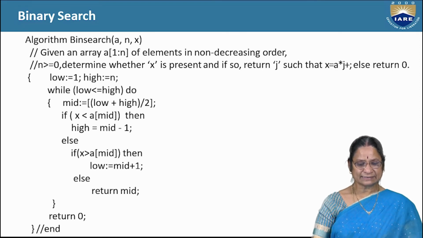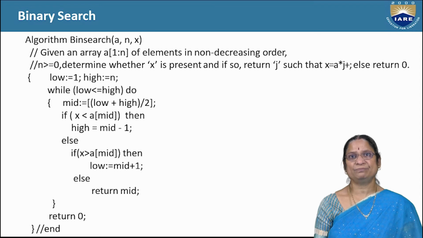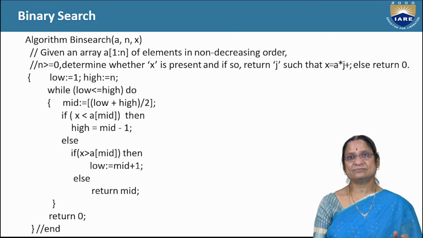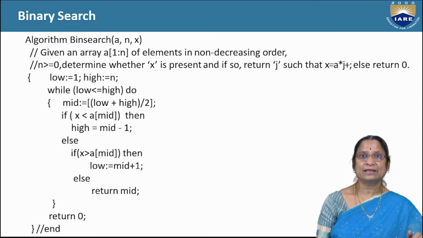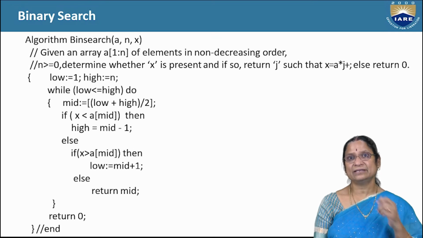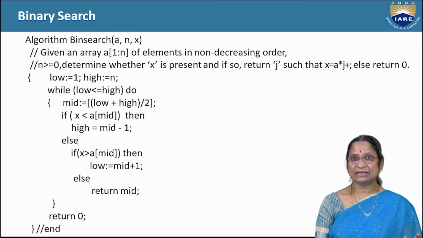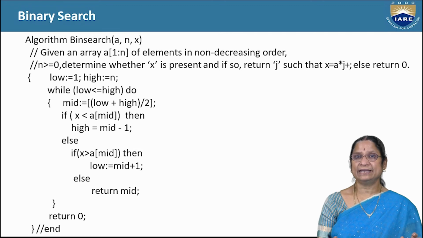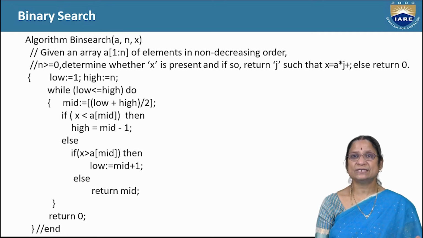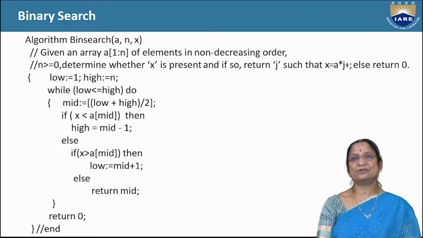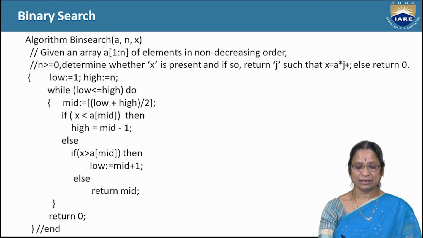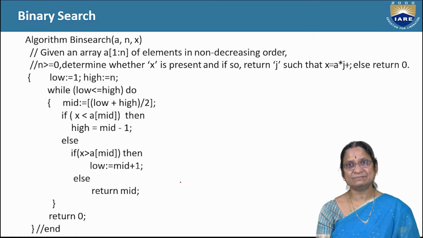So if x is less than A of mid, then high is equal to mid minus 1. That means the first half of the elements is considered. Else if x is greater than A of mid, then the second half is considered, the ending value remains the same, and the lower value has to be changed to mid plus 1. Otherwise return mid, otherwise means equal.